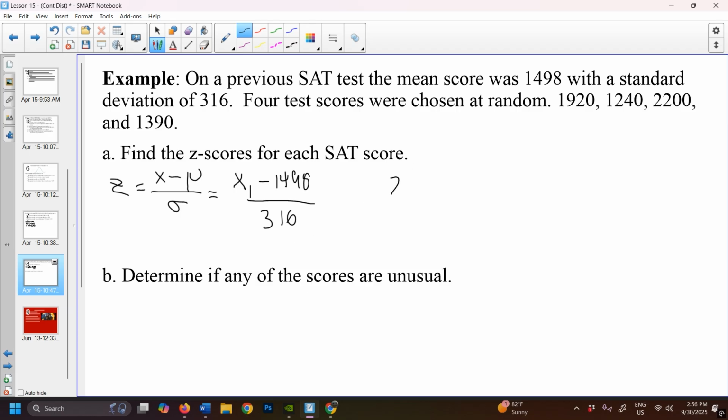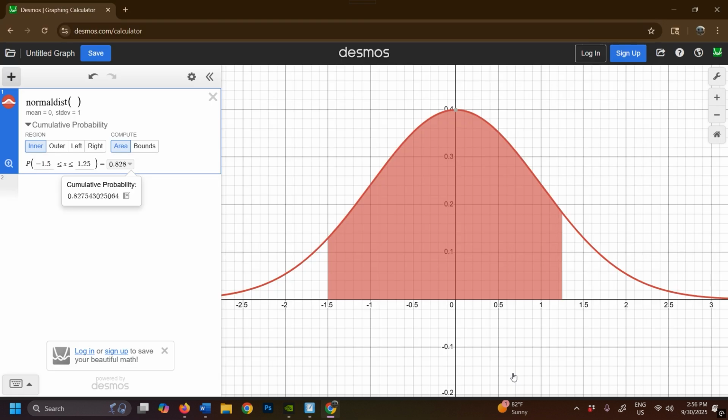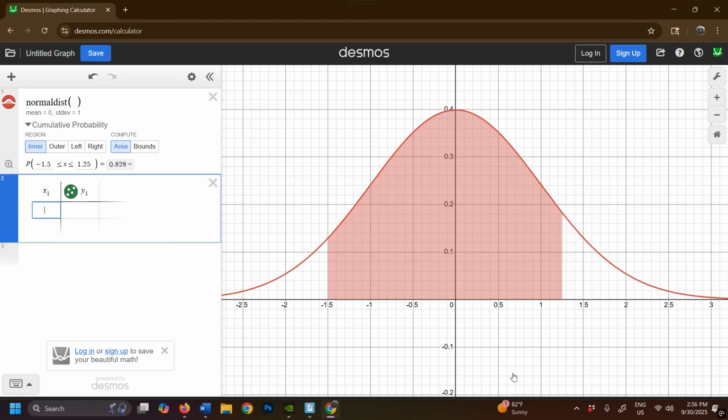Now, I need a z-score for the 1920, for the 1240, for the 2200, and for the 1390. Since I have a formula and I have to plug in multiple times, let's make a table. That'll make these calculations go by pretty quick. I'm just going to go to this plus symbol and add a table. I'm going to change the y1 to that z-score formula.